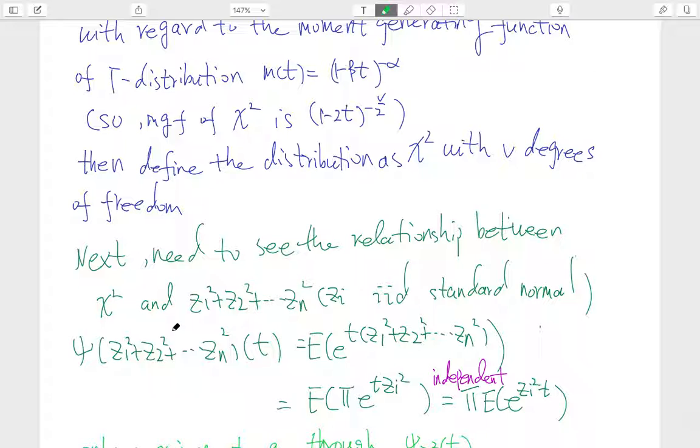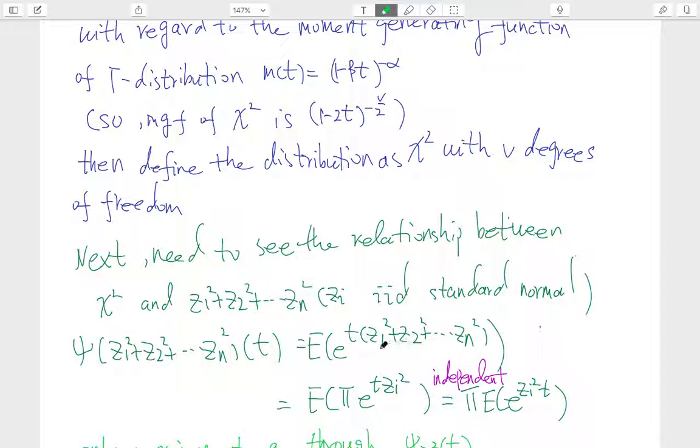And we will compute the moment generating function in the following procedures. We call such moment generating function phi, and we want to know phi takes the value at z1 square plus z2 square up to zn square. Well, this turns out it is the expected value of Euler to the t times a bracket.